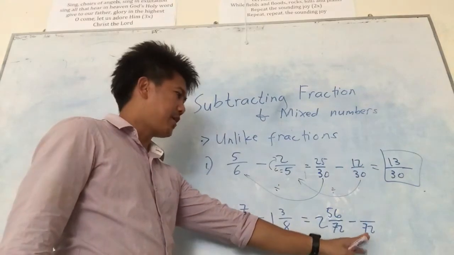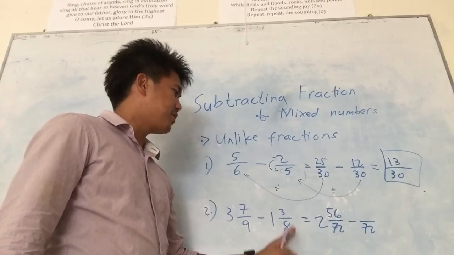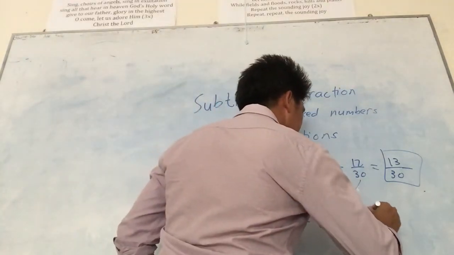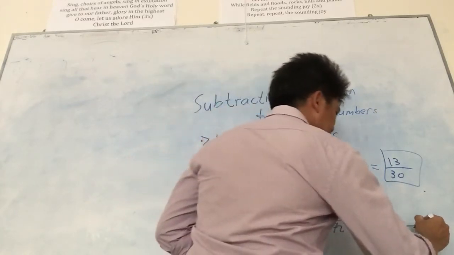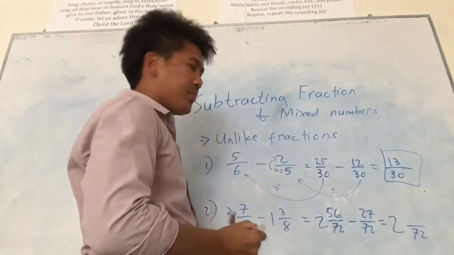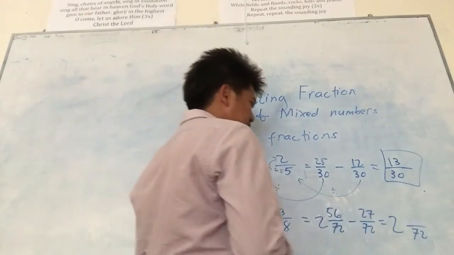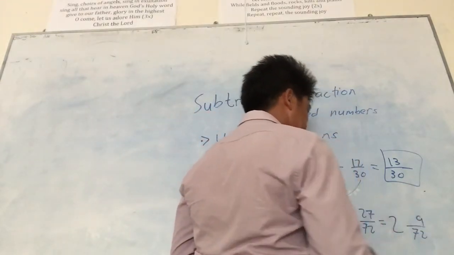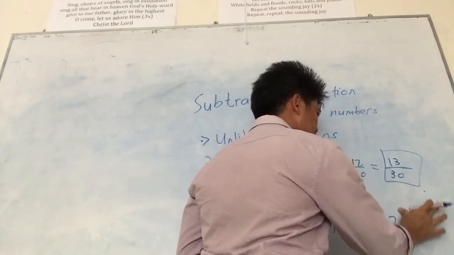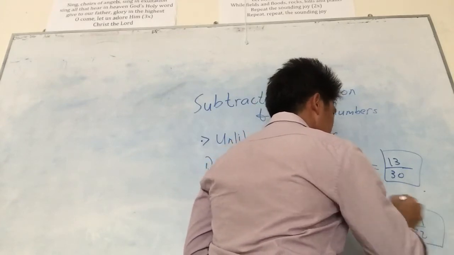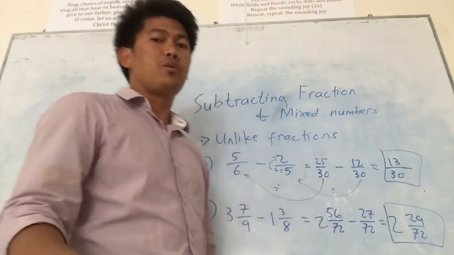Doing the same, the other one. 72 divided by 8 is 9 times 3, that's 27. Okay, so that's 2, 72, copy there. Now 56 minus 27, that is 16 minus 7 is 9, and 4 minus 2 is 2. 29. Okay, so therefore the answer is 2 29/72.